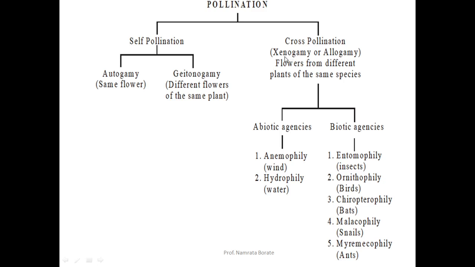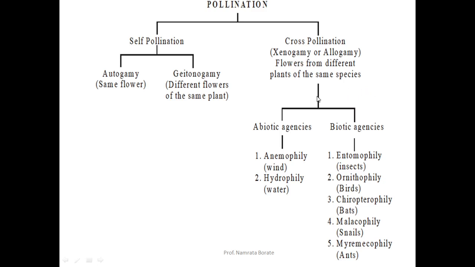Cross-pollination is also called xenogamy or allogamy. Autogamy involves a single flower. Geitonogamy involves two flowers but on the same plant. And allogamy or xenogamy involves different plants of the same species.